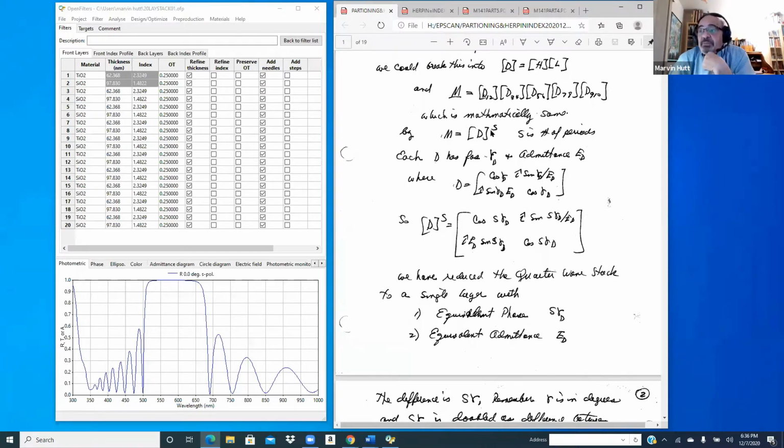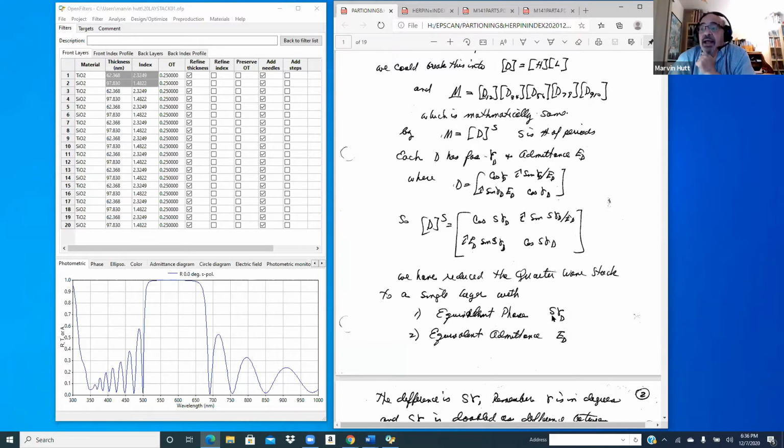The clue is if we have D is cosine gamma, i sine, E D, then D to the S is cosine S gamma, gamma being the thickness. This is the phase, and this E is the index, quote unquote, the pseudo index of this.